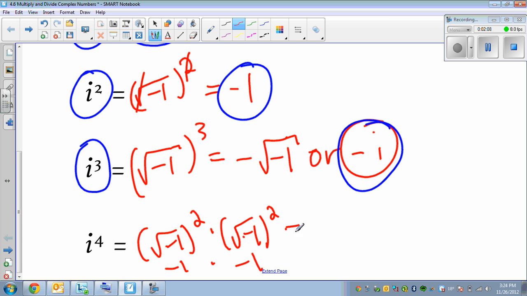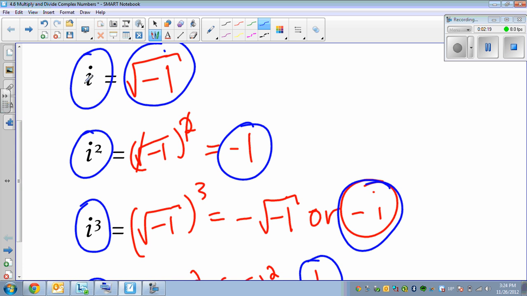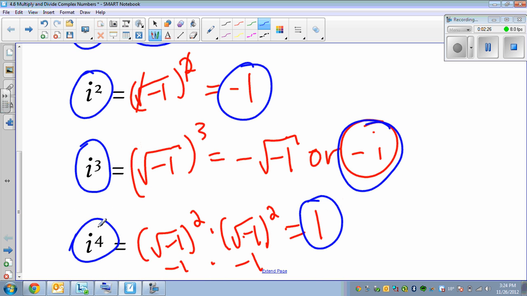So we end up getting 1. I won't worry about these too much. We'll talk about these more once we cross that bridge. But just a little review: i squared is -1, i to the third is negative i, and i to the fourth is 1.